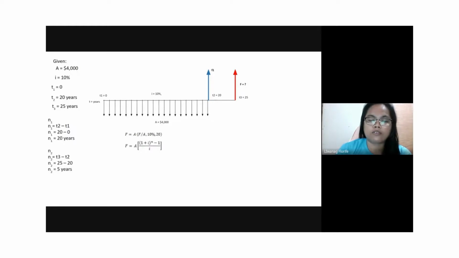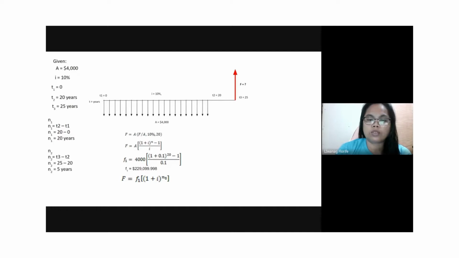Identifying the formula for finding F given annuities, we have here, input all the given values. We have the value of F1 as $229,099.998.